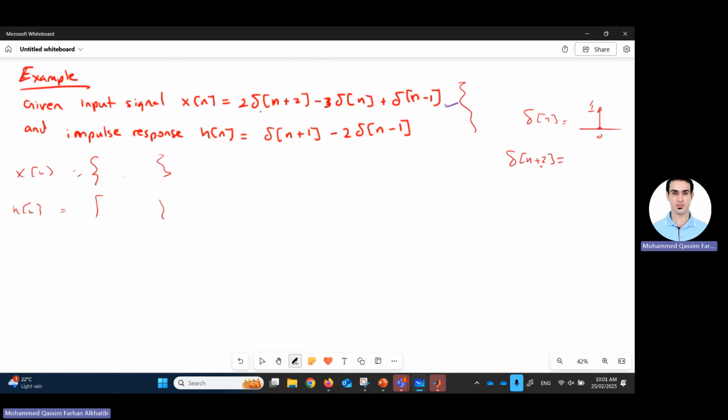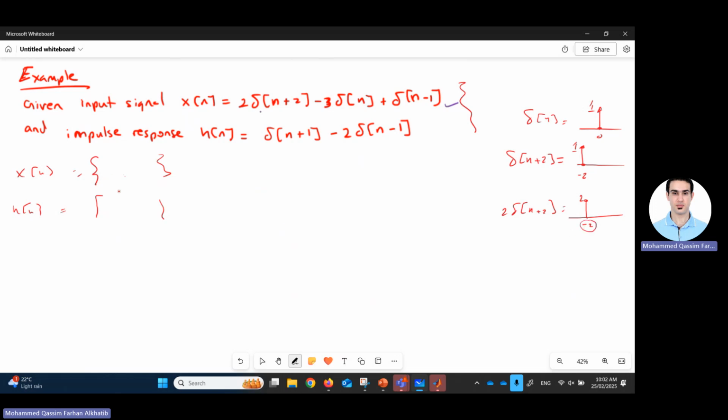If you have a positive value, shift to the left. So here I have it at -2, and the value is 1. Then you multiply, 2 delta of n plus 2 is the same exact pulse at -2, and the value is 2. All right, so I'm starting at -2, and the value is 2.